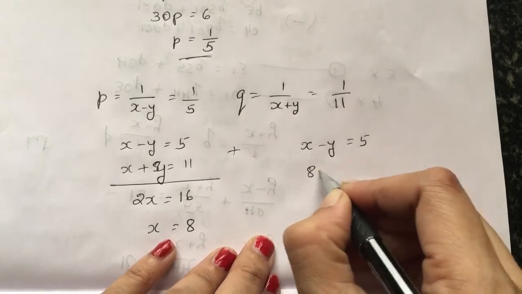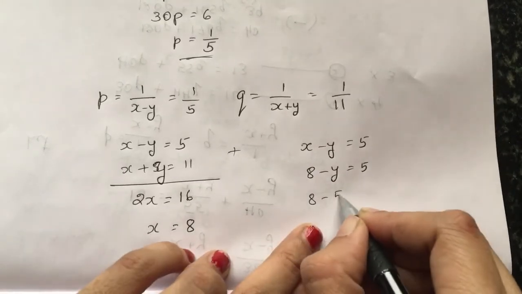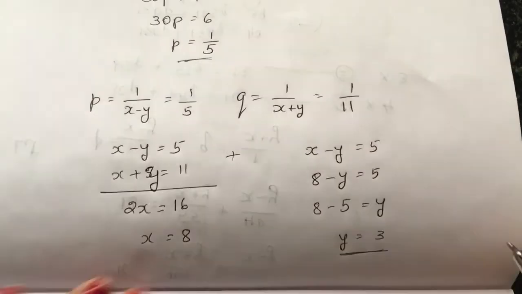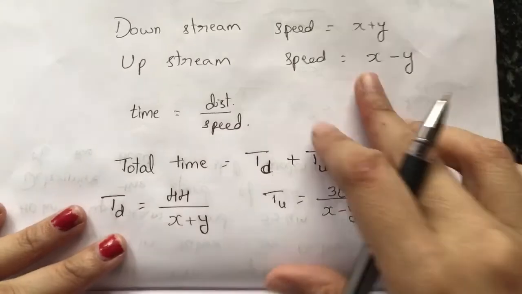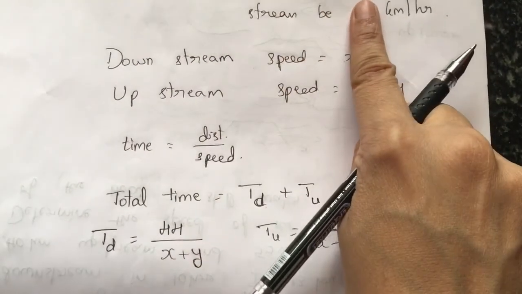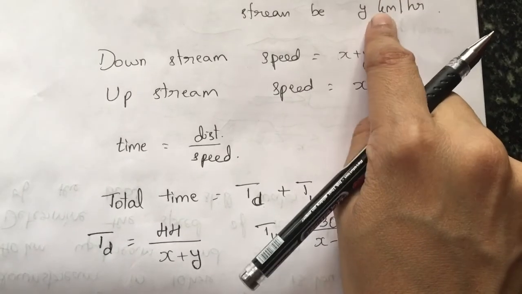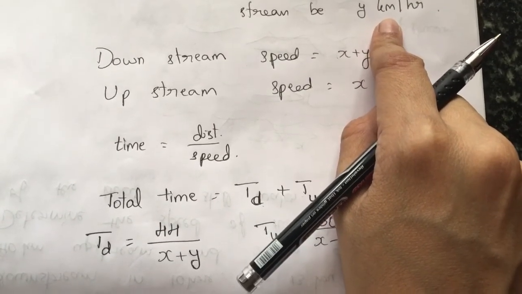So 8 minus 5 equal to y. So y equal to 3 and x equal to 8. But what is x and y? Speed of the boat is x, so it's 8 kilometers per hour, and speed of the stream is 3 kilometers per hour.